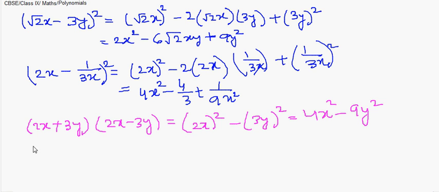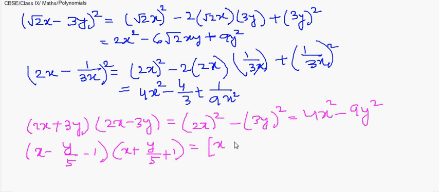See this one. Here it is also an application of (x plus a)(x plus b), but with a different usage. This is y. This is x plus y by 5 plus 1. Now to do so, we have to rearrange, and then we know which is our x and which is our y, because if we rearrange, it is x minus of y by 5 minus 1, okay.